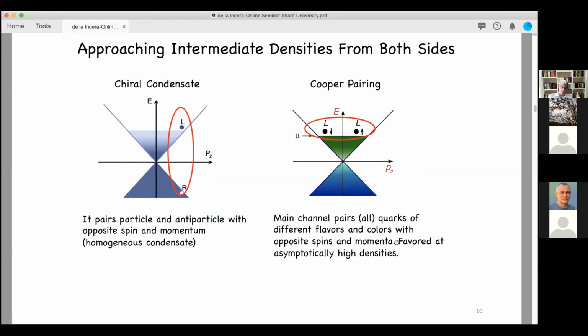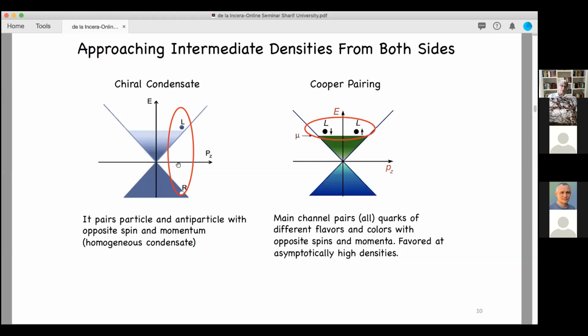And for that, we need to see what types of pairings can happen among quarks when you have a Fermi surface. The most common is a condensate that pairs quarks, the chiral condensate. The chiral condensate pairs particles and antiparticles. When you don't have any density, of course, they are very close to each other because you have the Dirac sea, and the difference in energy is very small.